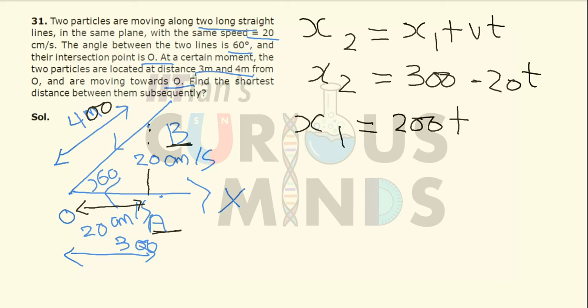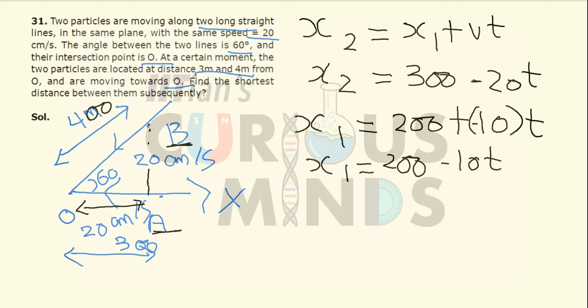The velocity along the line is 20, so in the x direction it will be 20 cos 60, which is 10, and since it is in the negative direction, it will be minus 10t. This is the x position of particle B at any given time. If I simplify, x1 can be written as 200 minus 10t.